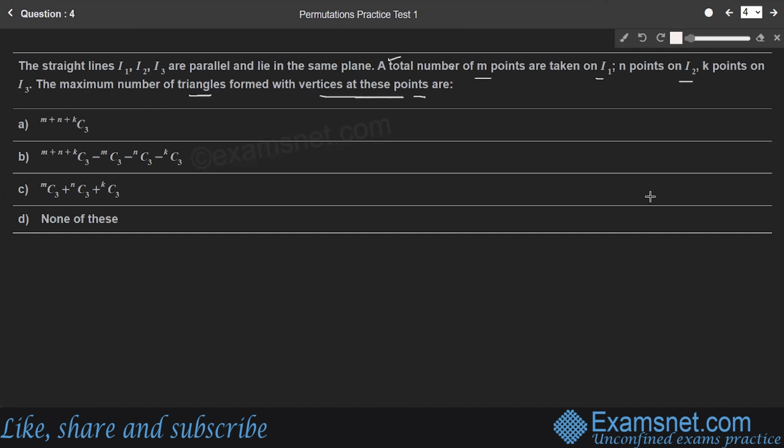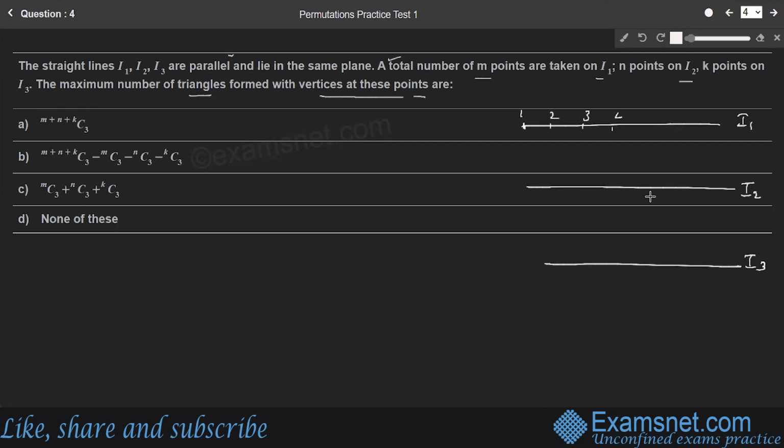So students, let us consider three parallel lines in the same plane: l1, l2 and l3. These are the three lines. A total of m points are taken on l1, so we consider 1, 2, 3, 4, and so on up to m points.